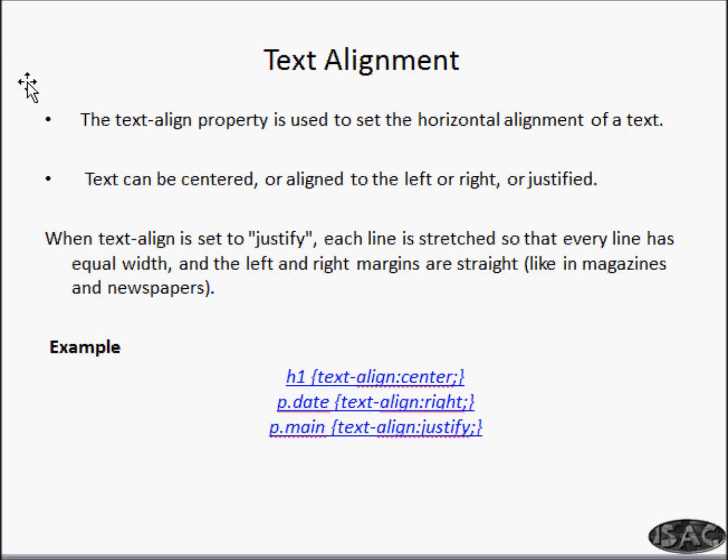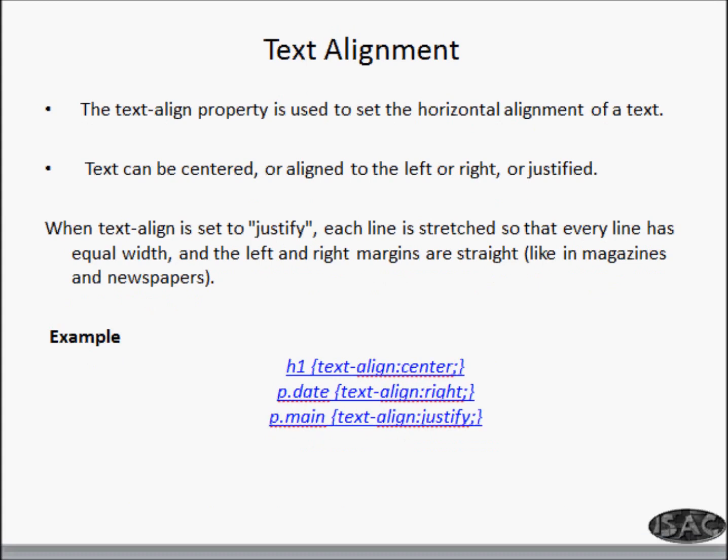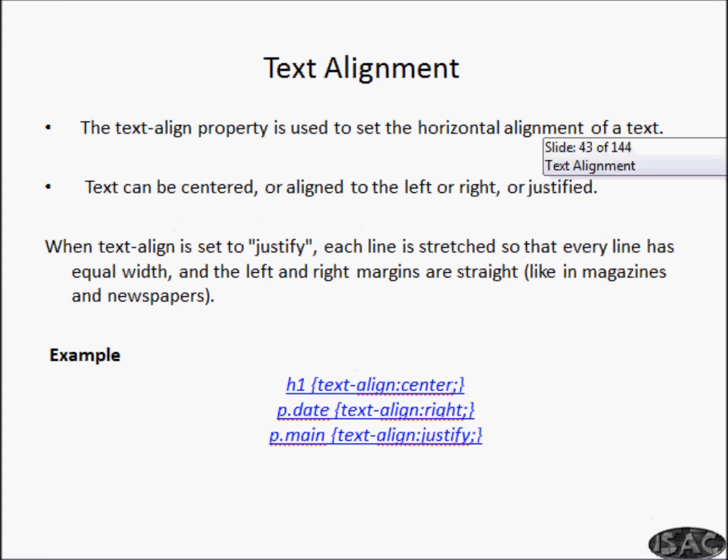So we can say text align center, text align right, text align justify we can use. So the text will have a justified alignment, a right alignment, or a center alignment, right?